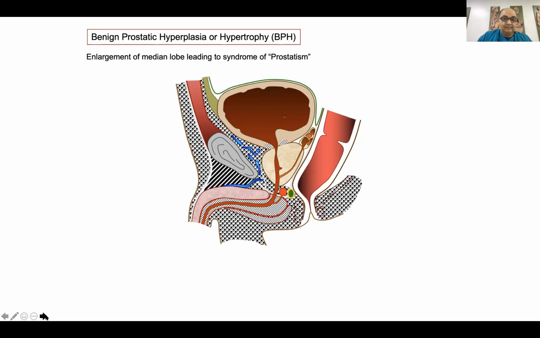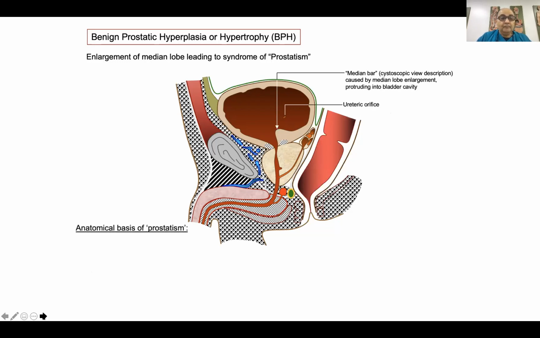So now stay focused here. Some changes are occurring. What are these changes? The orifice is there, we are good with that. This raised area is the median bar. You can see it only with the help of a cystoscope. So there is an enlargement of the transitional zone, which old people call the median lobe. As a result of that, we have a condition called prostatism.